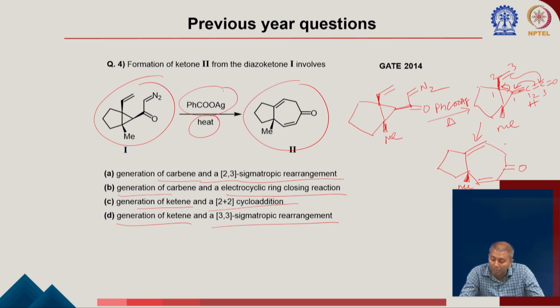Originally this is position 3, this is position 2, that is position 1, and on the other side also this is 3, this is 2, and this is 1. So, what happened is it actually expanded to form this 7-member ring here. From this ketene, the cyclopropane carbon-carbon bond ruptures, which allows the ring expansion through a 3,3 sigmatropic rearrangement.